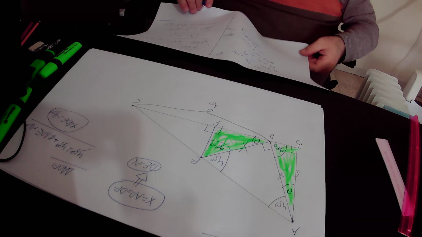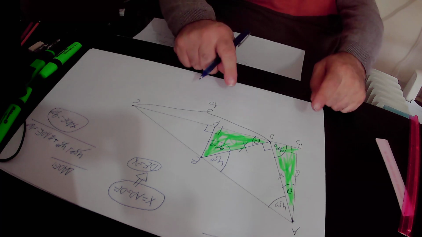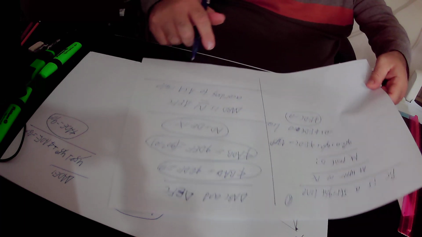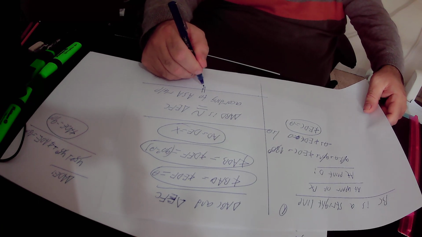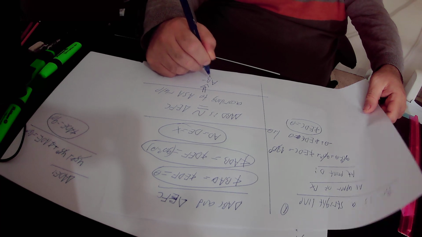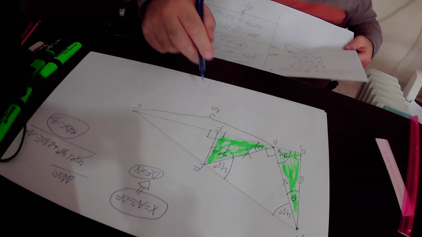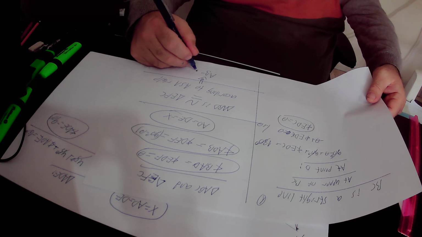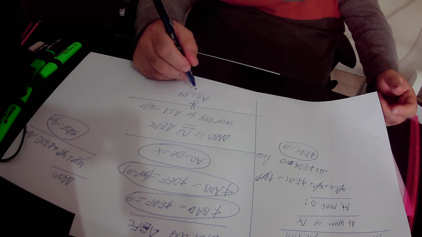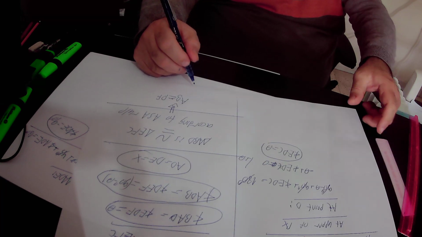And from the fact that those two right green triangles can go into each other, we will conclude that side AB is equal to side DF, according to the rule that corresponding sides in congruent triangles are equal to each other.